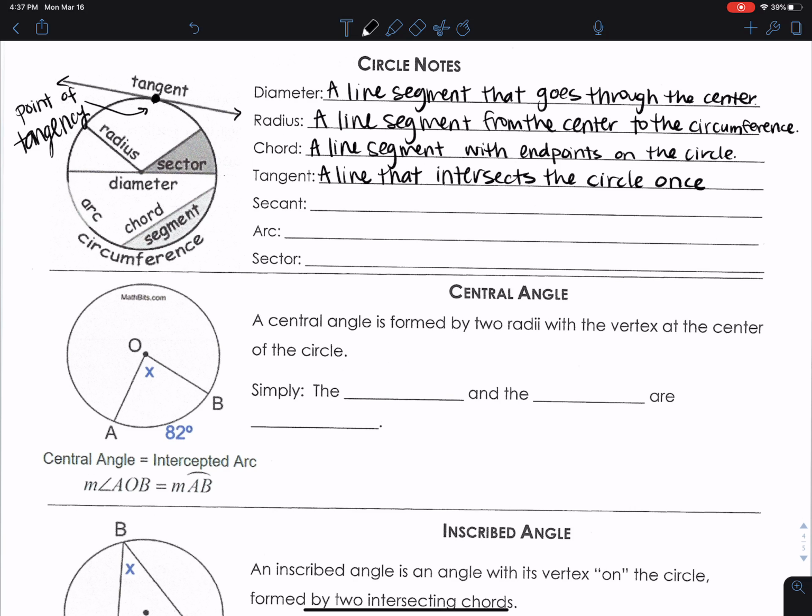The next one is a secant, and if you notice, that's not in our diagram, so we're going to draw that in. The secant is a line that intersects the circle twice.